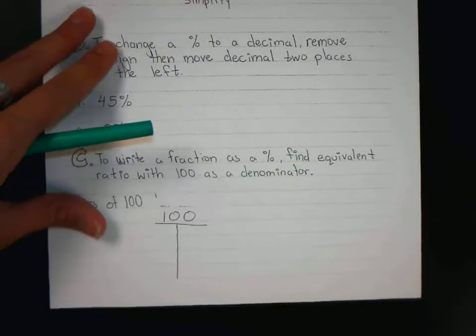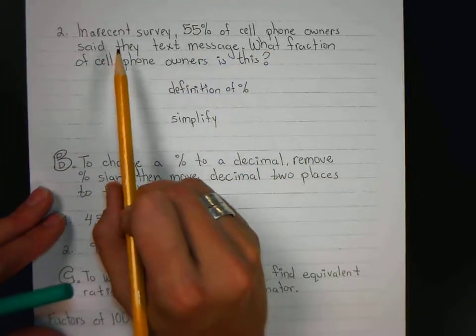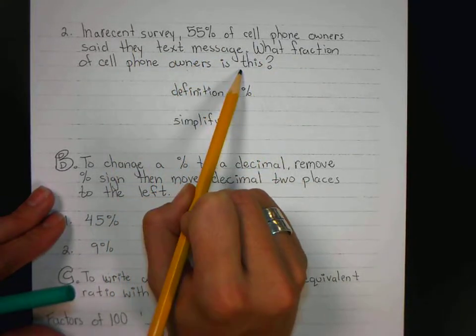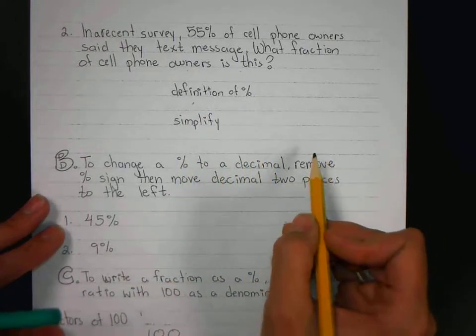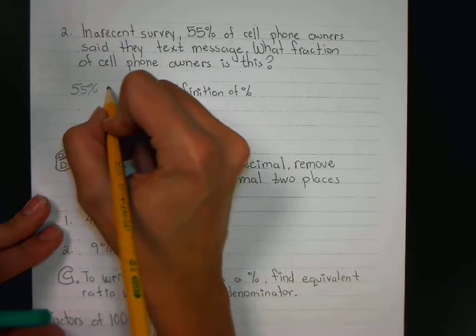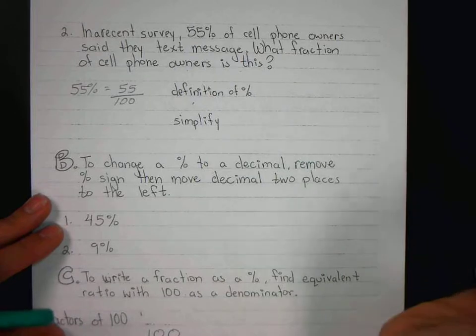All right, let's look at our second example. In a recent survey, 55% of cell phone owners said that they text message. What fraction of cell phone owners is this? First, we use the definition of percent. Our number is 55, so we have 55%, which means 55 out of 100.